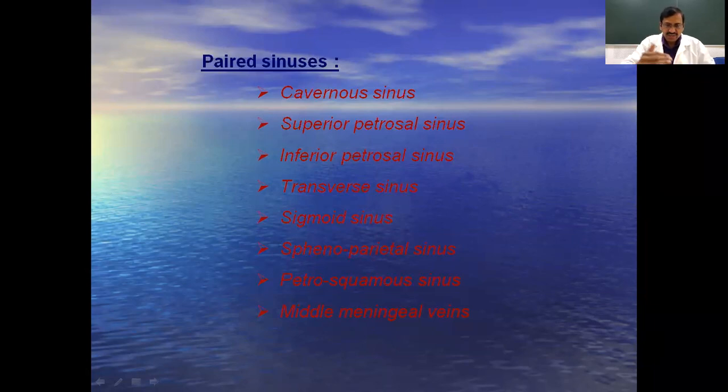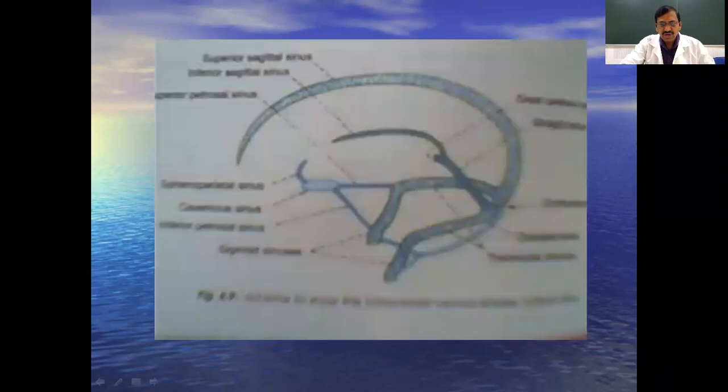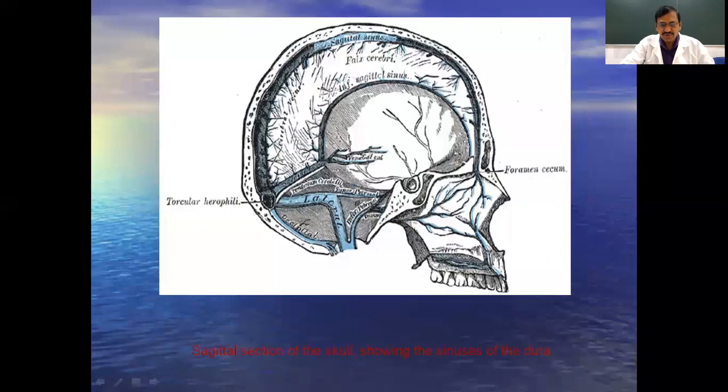These eight are the paired dural venous sinuses. Okay.